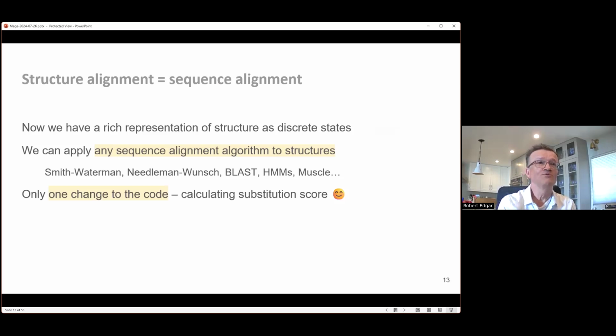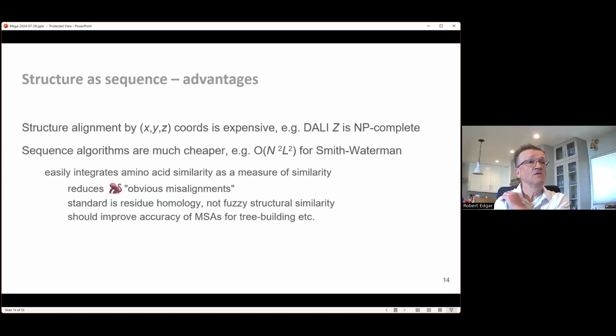So what can we do with this idea? Well, one of the biggest advantages is that it's a lower complexity representation of the structure. So we've literally reduced it by one dimension. And from an algorithm development point of view, that's a huge advantage because you can do dynamic programming.